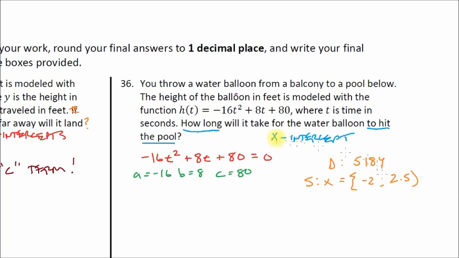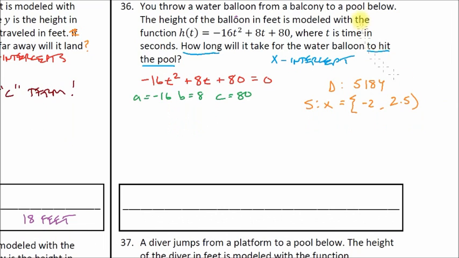So remember, we're looking at time, so all negative numbers are taken out, and we're left with one positive solution of 2.5. And that tells us, if we're looking at time, it's taken 2.5 seconds for the water balloon to hit the pool. Make sure you write that as a complete sentence, and somewhere in your solution you should be mentioning the time it takes to hit the pool, which is 2.5 seconds.